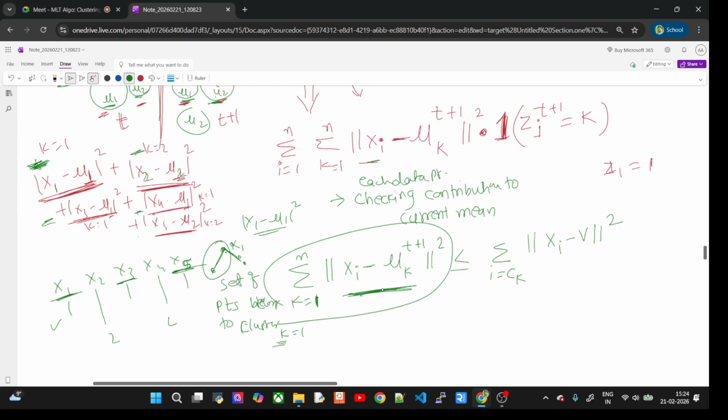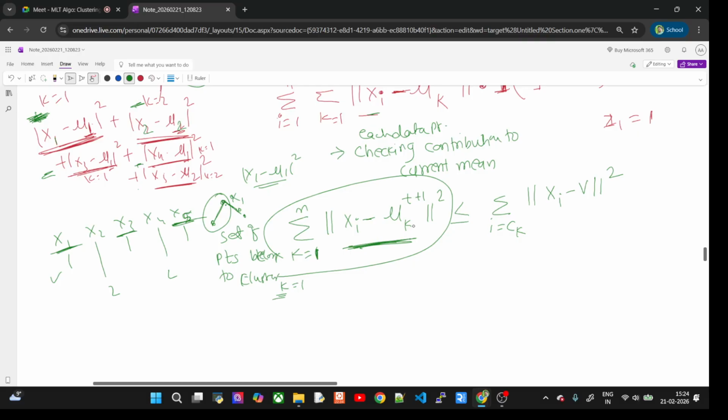From the earlier facts, we now understood what this v point is. V is nothing but your mean point, and that is less than the summation over i belonging to the same cluster. I'm thinking about their contribution to that given cluster, which is xi minus mu of your current cluster, zi t plus 1.